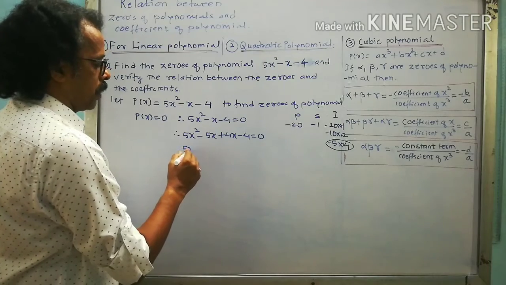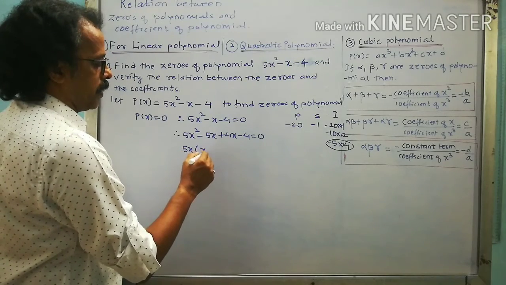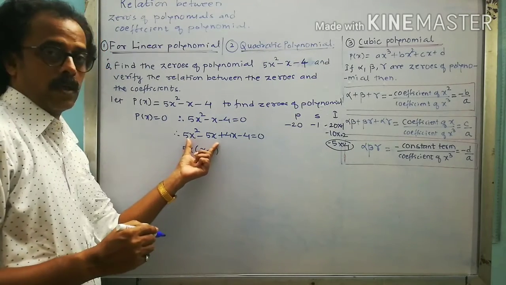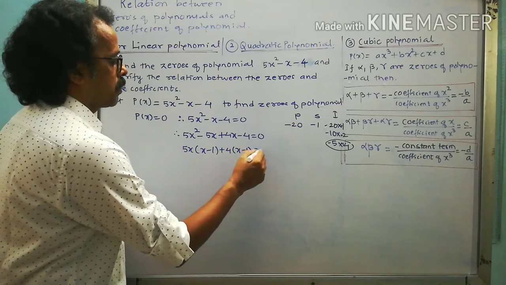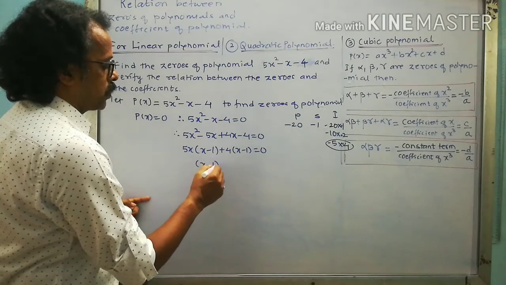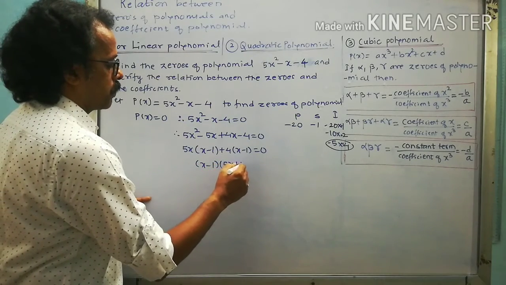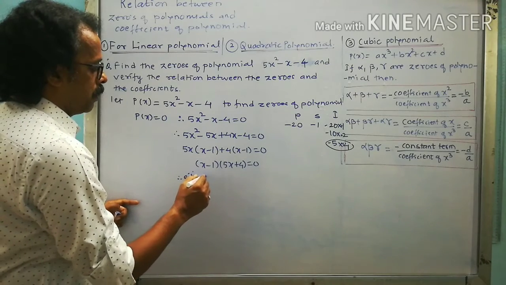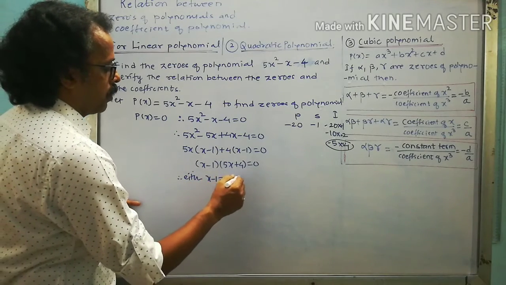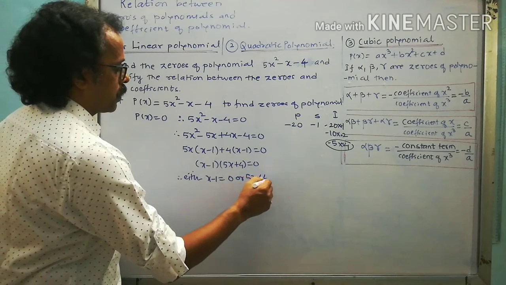0. So that means we get 5x bracket x minus 1. What maximum things can you take out common? Plus 4 bracket, you will get again x minus 1, is equal to 0. So you will get x minus 1 and 5x plus 4 is equal to 0. Therefore, either x minus 1 is equal to 0 or 5x plus 4 is equal to 0.